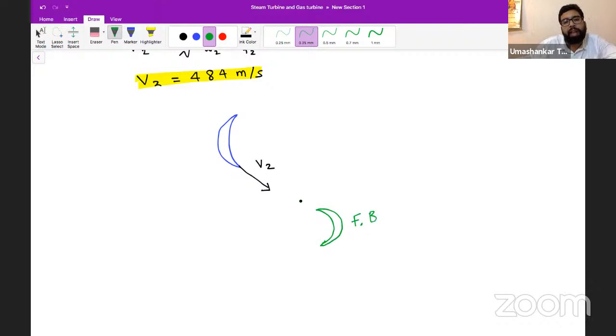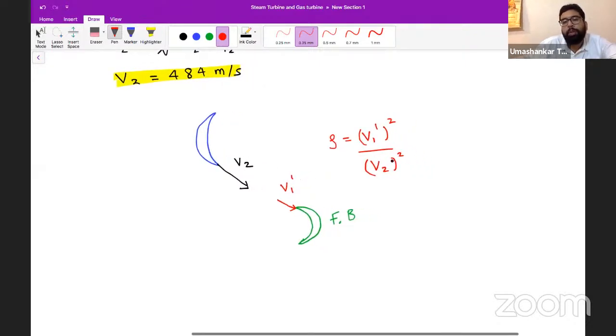As we have established that our steam cannot reach here with the same velocity, let us say that it reaches the fixed blade section with v1 dash velocity. So what will be the v1 dash? We can calculate the v1 dash using our carryover coefficient. The carryover coefficient is equal to v1 dash square upon v2 square.